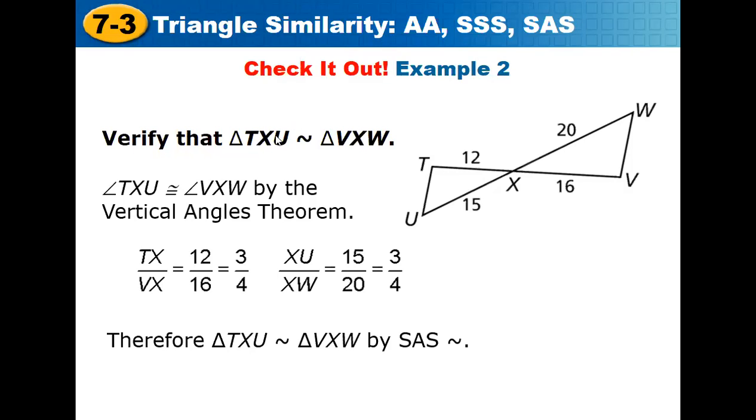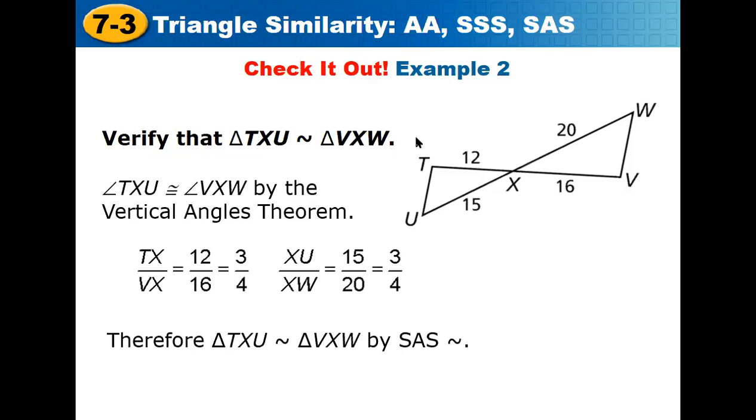Then we will use proportionality: TX over VX equals XU over XW and TU over VW. We found the first ratio was 3 over 4 and 3 over 4. Where is the third condition?